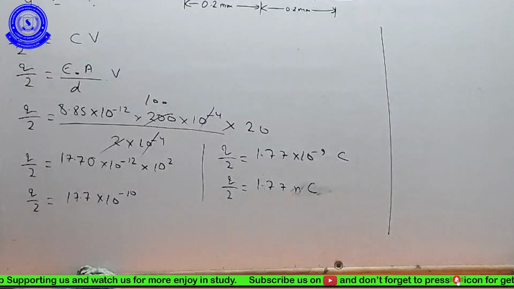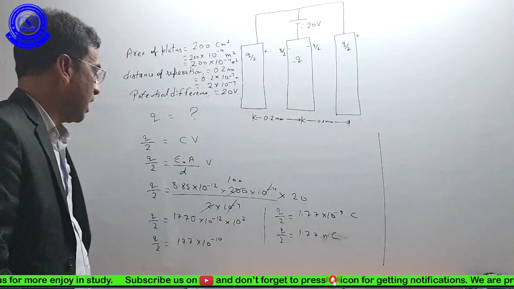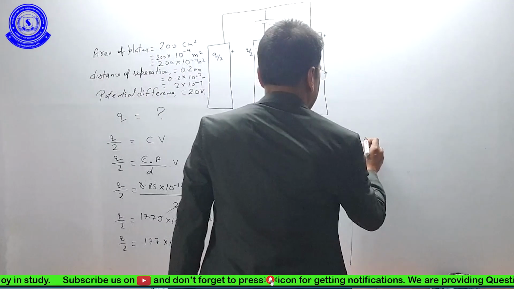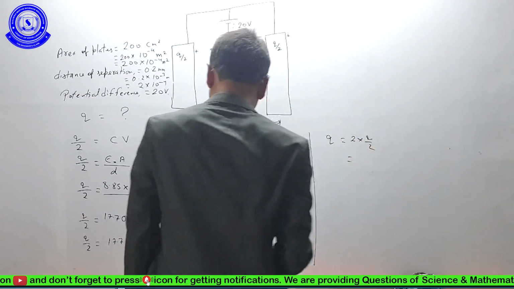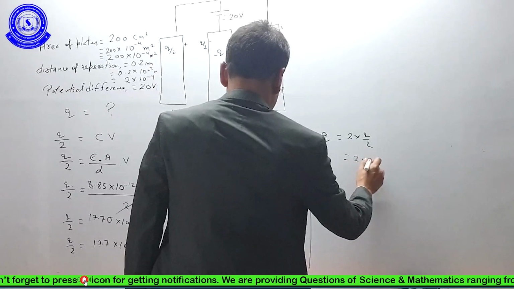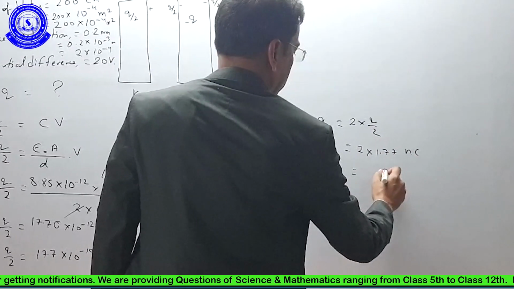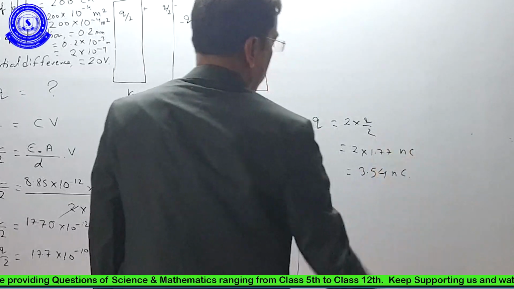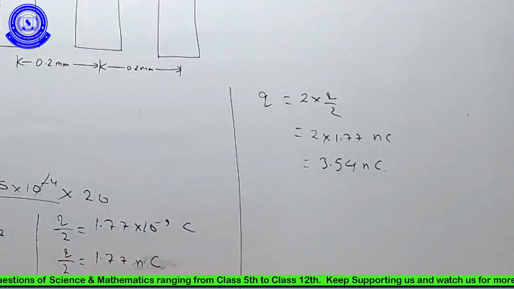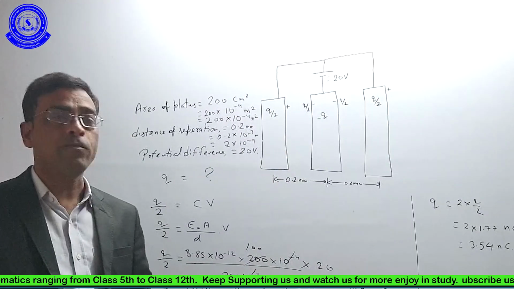If we have to find the total charge on this plate, that is Q, then it will be 2 times Q by 2. So it will be 2 into 1.77 nano coulomb, equal to 3.54 nano coulomb. So the total charge on this plate is 3.54 nano coulomb.